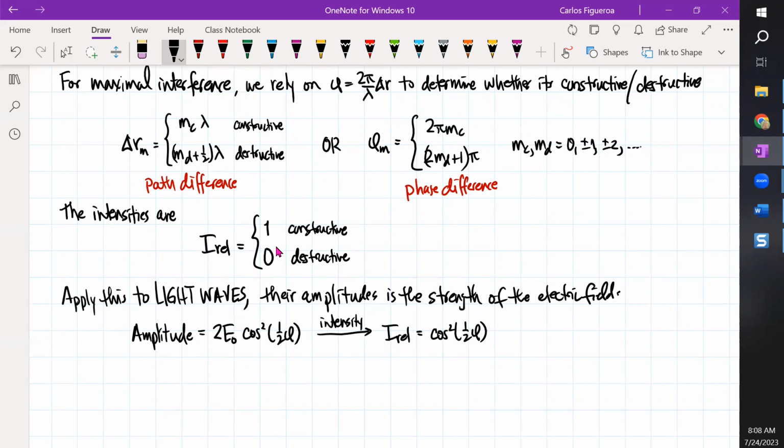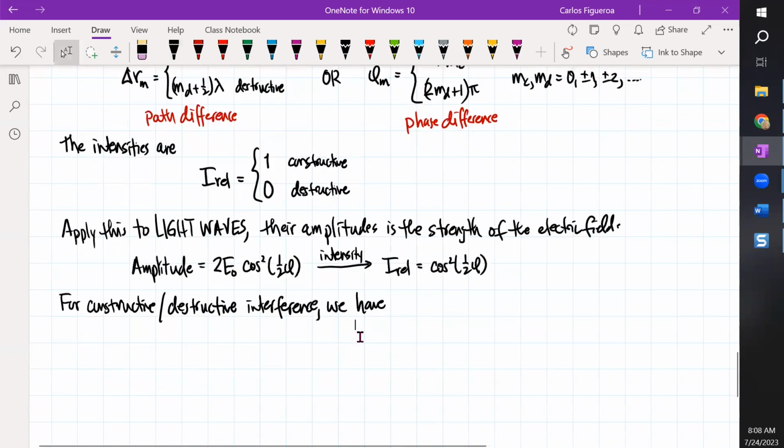So if I continue to interpret this for constructive or destructive interference, we have that I relative, if it's 1, then we know that this is constructive, which means you see a bright spot.